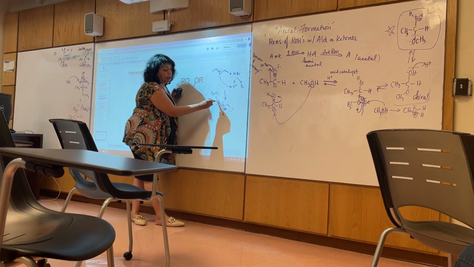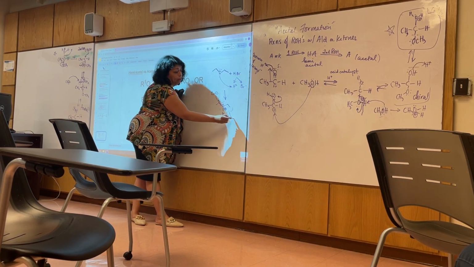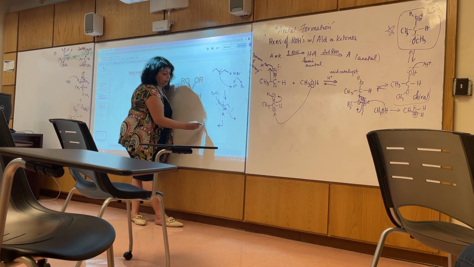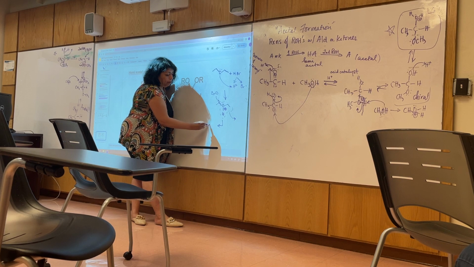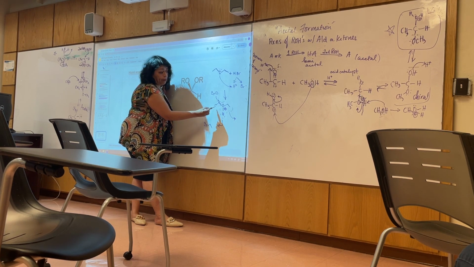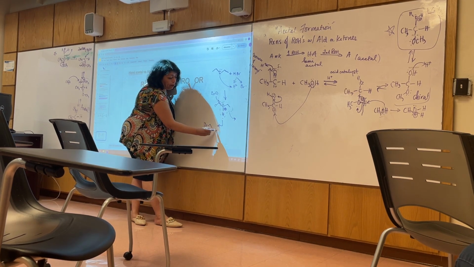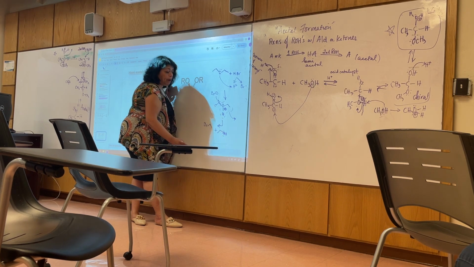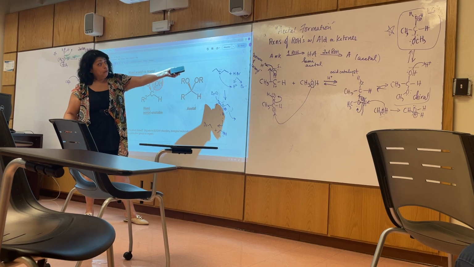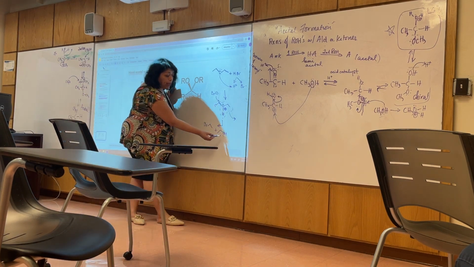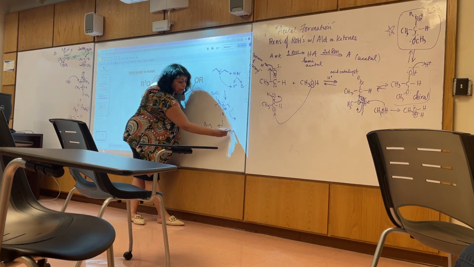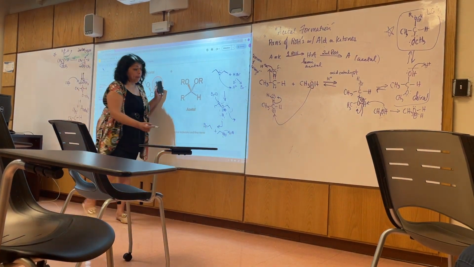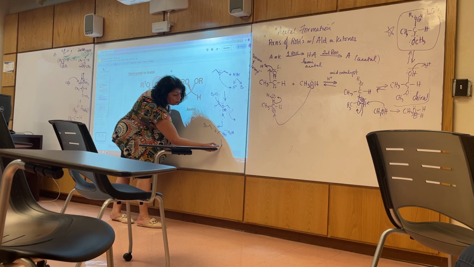So the bromide attacks the carbon and the leaving group goes away. So we end up with Br and then an ethyl group, one carbon here, and then we have ethene. But then what happens? The H plus from the HBr is attracted to the alcohol. So that reaction makes a protonated alcohol.